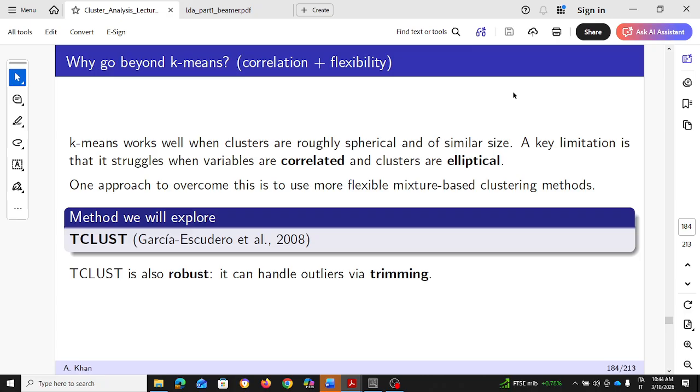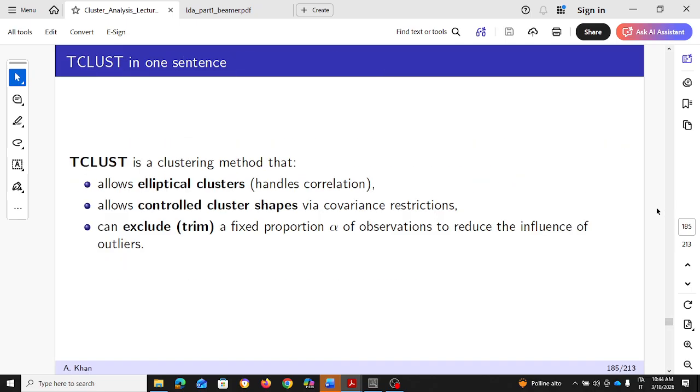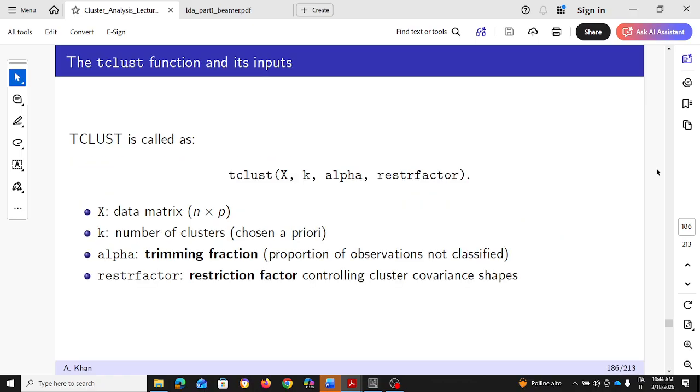So one of the benefits of using TCLUST is that it's robust to outliers. So we remove those extra points, those outliers. And the other benefit is that now we can also take into account correlations. The same thing, which I'm just repeating from yesterday to refresh your memory.